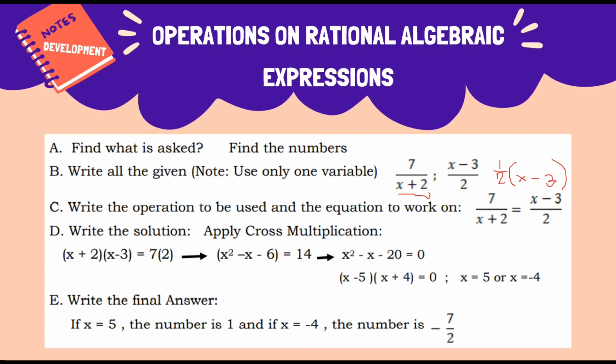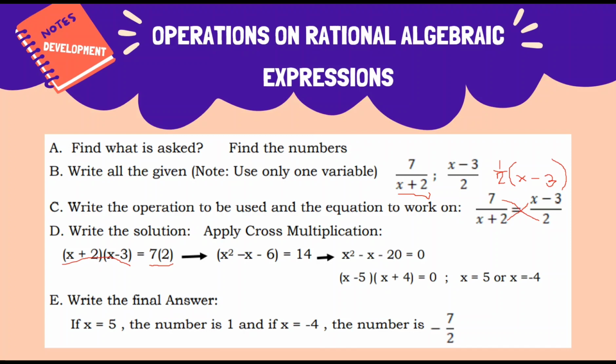So we have this, x plus 2 times x minus 3. Ito yon. Yan. And then we have this 7 times 2. We have 7 times 2. So ito yon. And then let us multiply it using distributive property of multiplication.